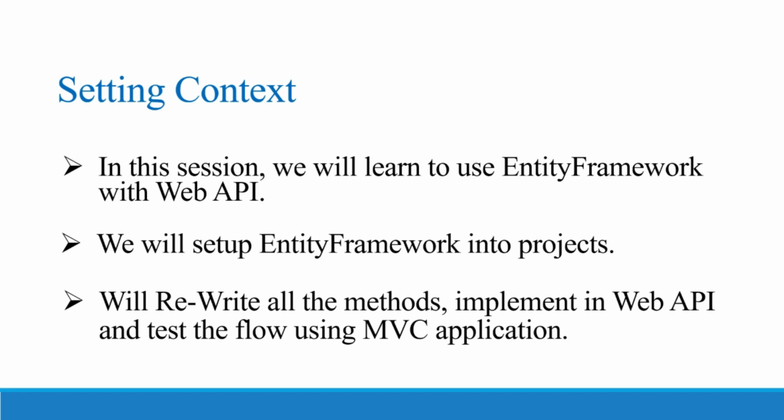We created a table, we added a few dummy records, and we connected the SQL database through Web API, and we consumed the data in MVC. In this video we will learn how to use entity framework with Web API.